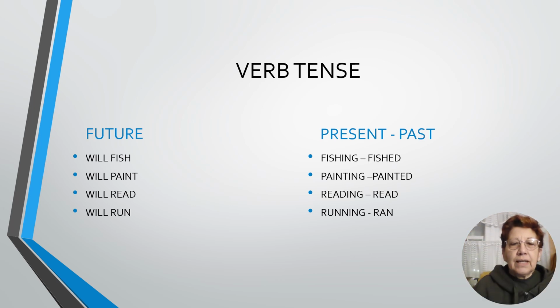Okay, the next word is run. We're gonna say will run is the future, right? Will run. I will run in that race next month. I am running now in this race. Now, take a look at the spelling. See how it changes? I ran in that.